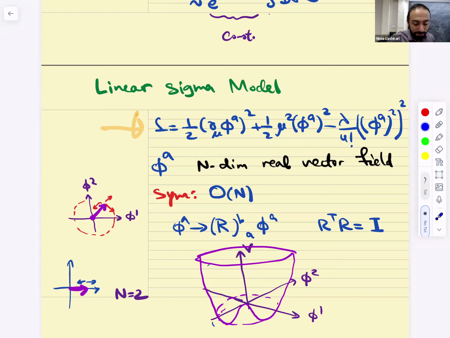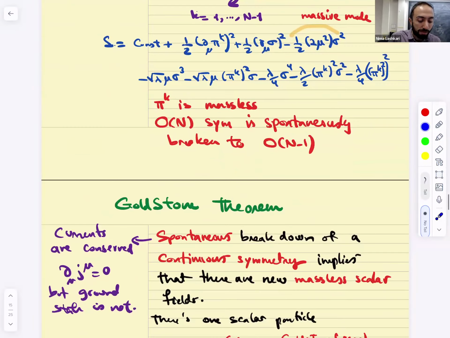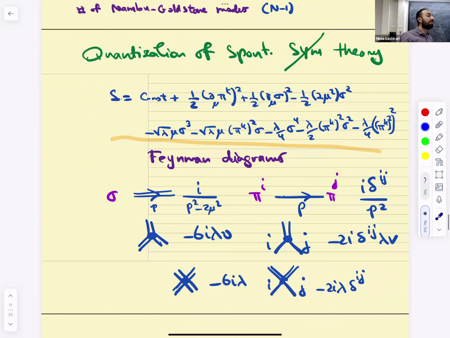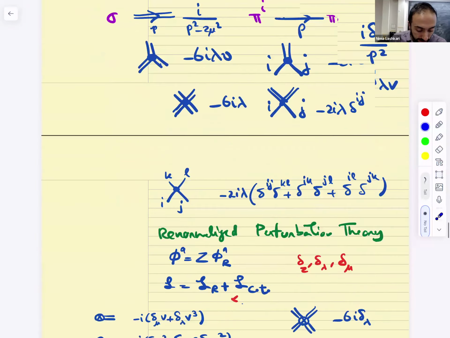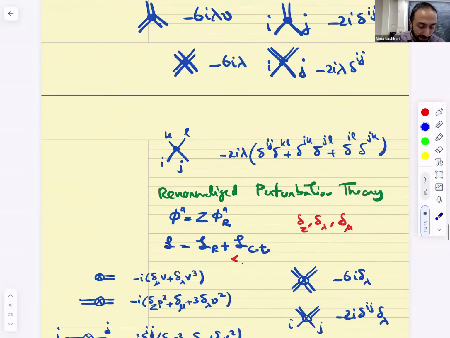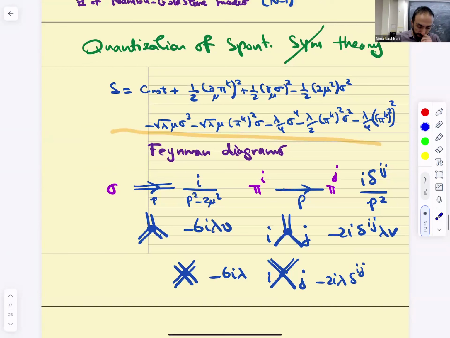The theory that we have is a lot more complicated, so the question is, can we capture all divergences? Can you cancel all divergences with only these three counterterms? So let's do renormalized perturbation theory. I think I wrote it somewhere. All right, I guess I did not write it down.